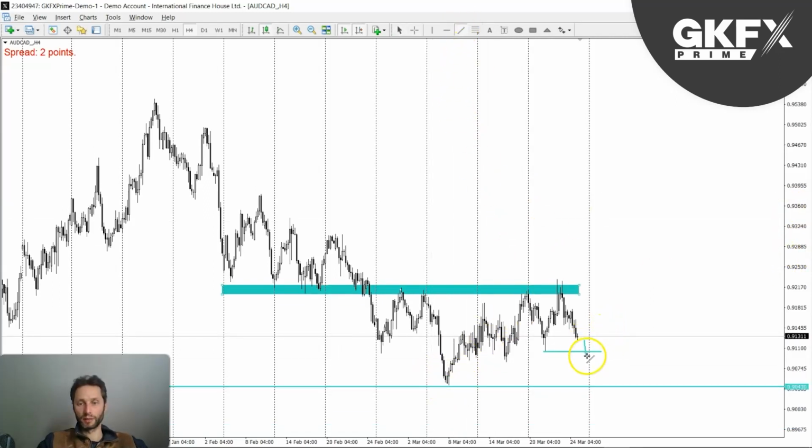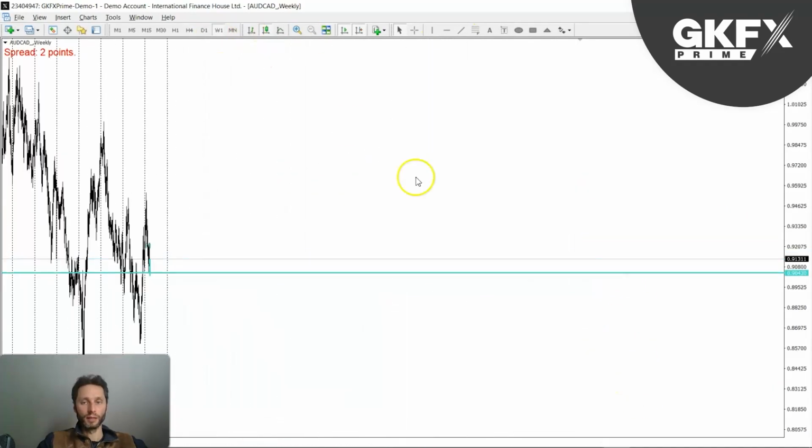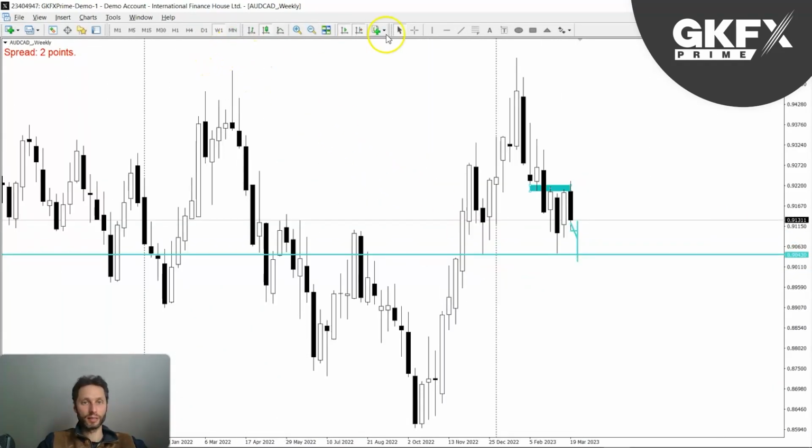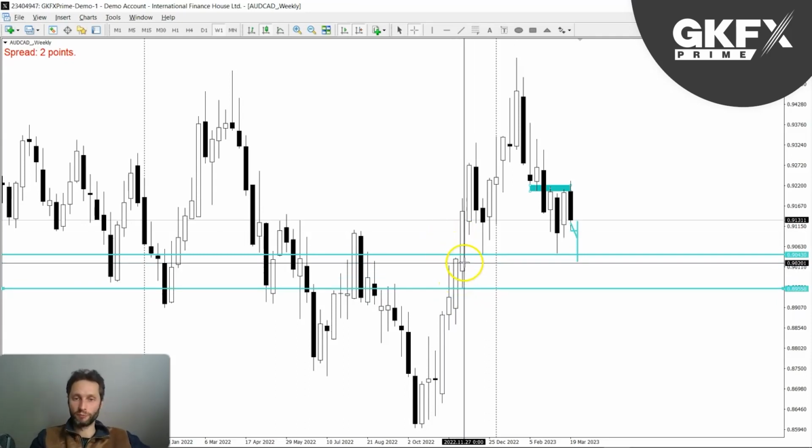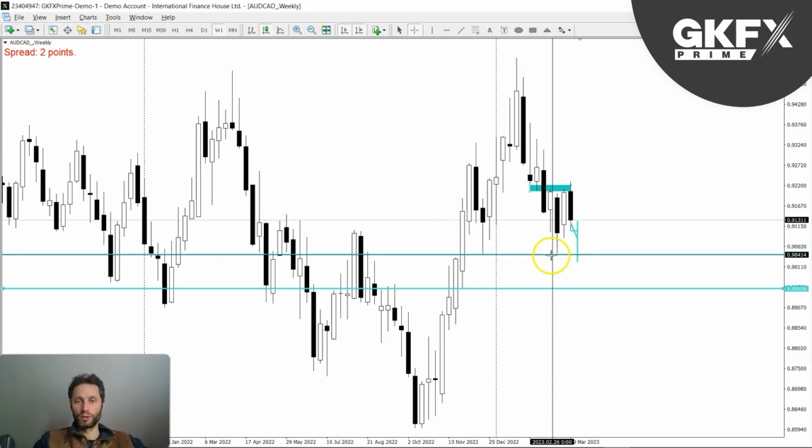So something like this: break, pulling back to get a better price, and then continuing to the downside. That's the first target, and then the second target would be this obvious low down here. Or if you want to be a little bit more conservative, I would say that this low down here would be a much more reasonable place to aim for if we get a break through these lows.